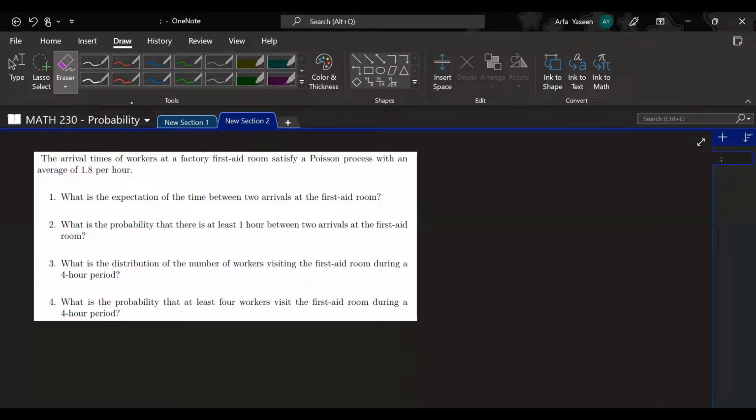So in part 1, we are supposed to compute the expectation of the time between two successes. We know that the expectation of exponential distribution is given by 1 over lambda. And our lambda here is 1.8.